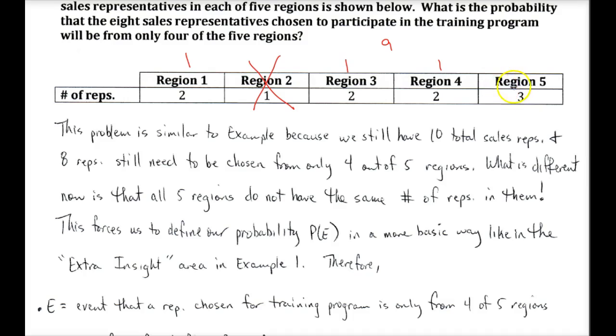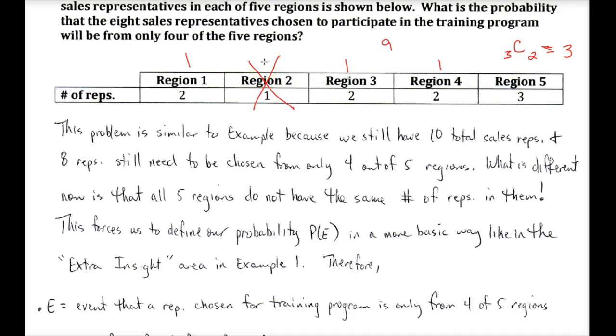But for region 5, we have 3 representatives, and we only need to choose 2. So that tells us this is the combination of 3 representatives chosen 2 at a time, and if you do the calculations, you'll see that the answer is 3.